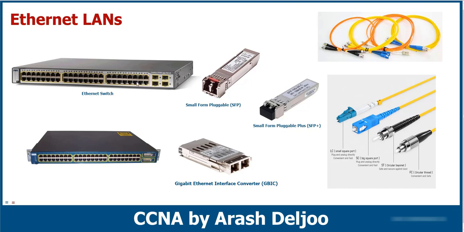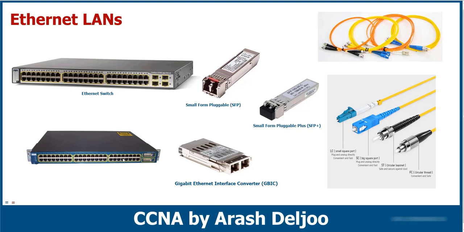For example, in this switch, we have the Ethernet ports, meaning the copper RJ45 ports, and after that we have 4 extra ports for connecting the fiber optic. This means that in this switch we have 48 RJ45 ports, the number is not important, but we also have 4 ports for connecting the fiber optic.